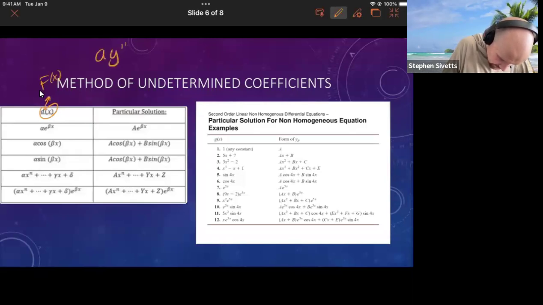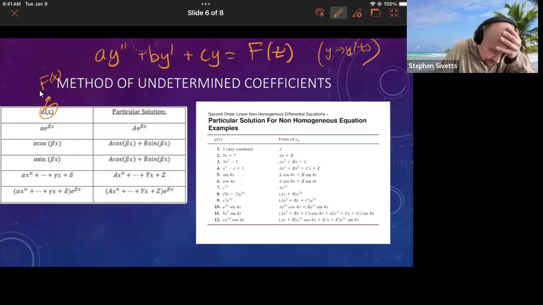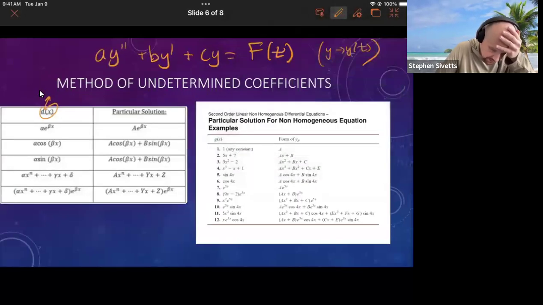So if we have this equation, and y, of course, is some function in t, right? So not capital F of x, this is a capital F of t. All right.